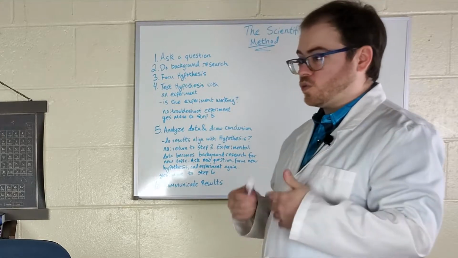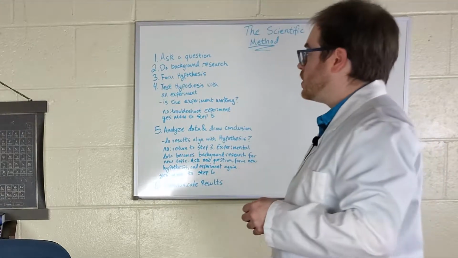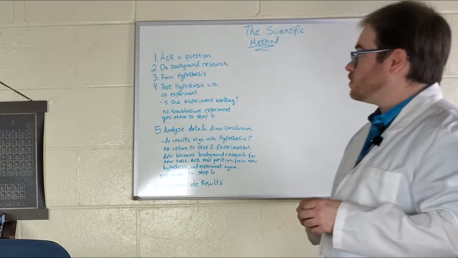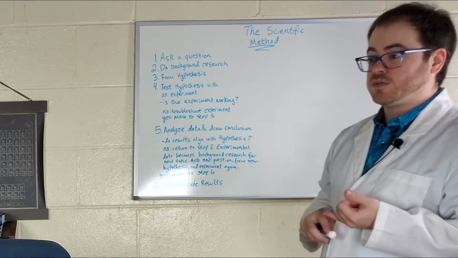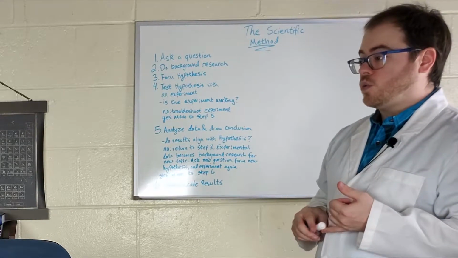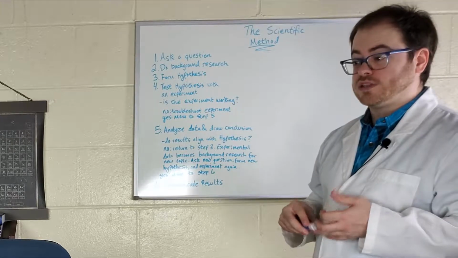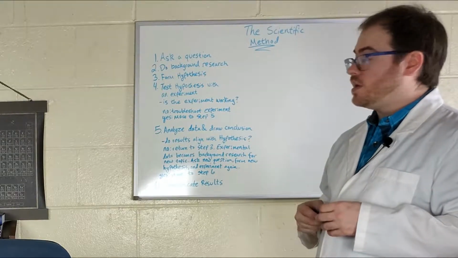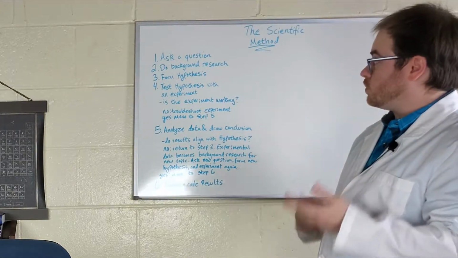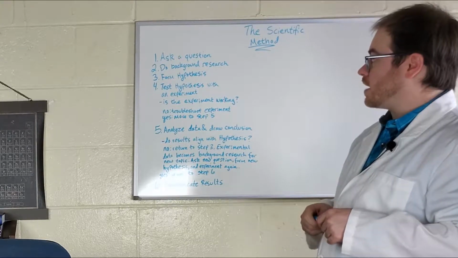And depending on which one you figure out, you're going to research things that are either similar to your question, or if you need to ask a new question if somebody's already answered that one, but you'll find out during your background research.